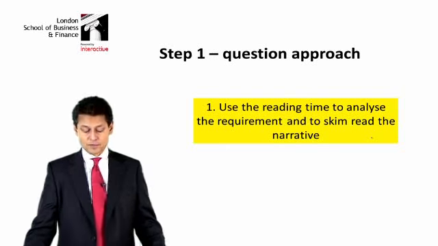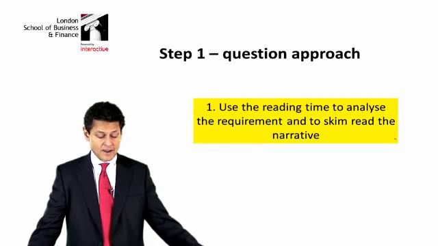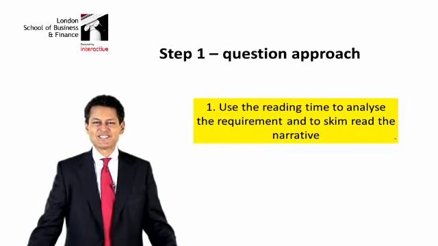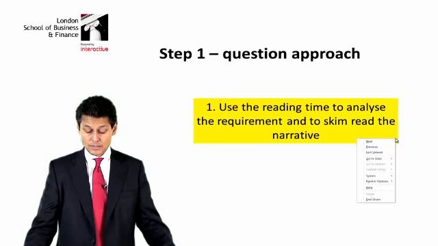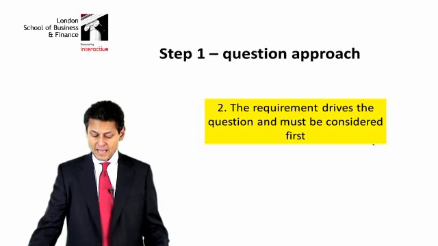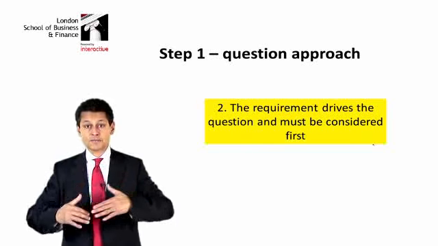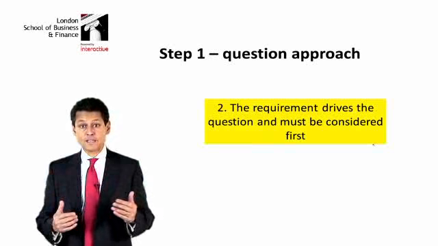So, let's summarize. Use the reading time to analyze the requirement and to skim read the narrative. There's plenty of narrative on F7, so you must be prepared to read all of it. The requirement drives the question and must be considered first. I always think that these big questions are done better from the bottom up, so to speak.